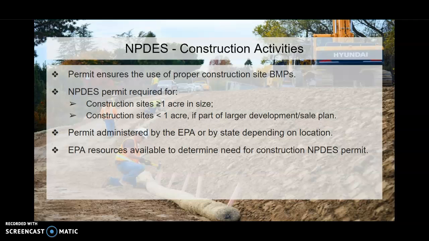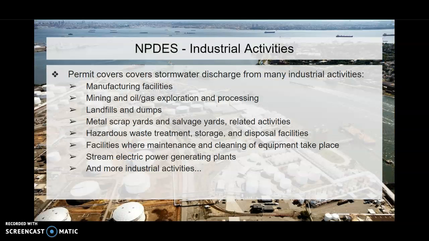The permits are administered again by the EPA or by the state, depending on the location of the construction site. And there's EPA resources available to help determine if a construction NPDES form or permit is needed.